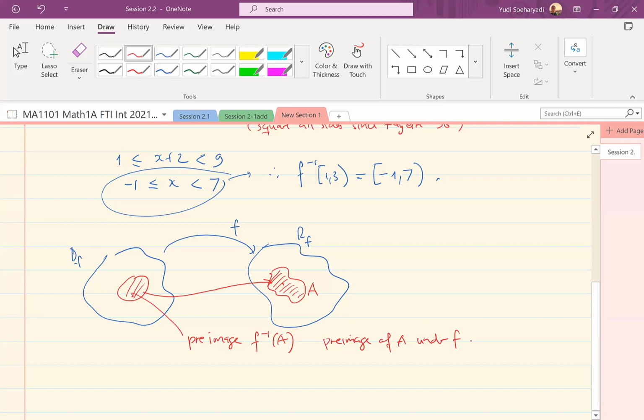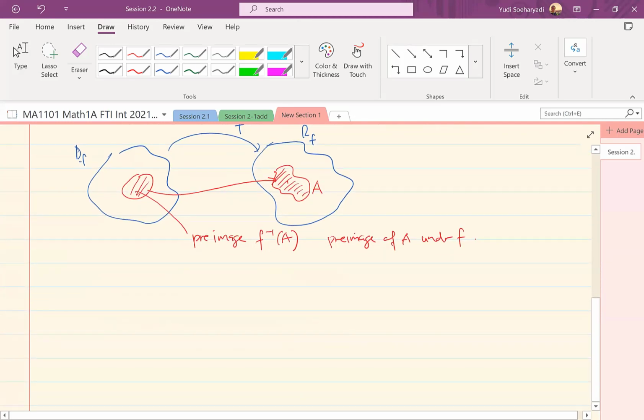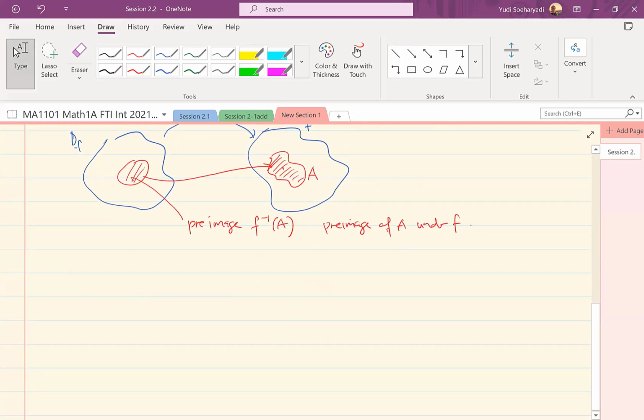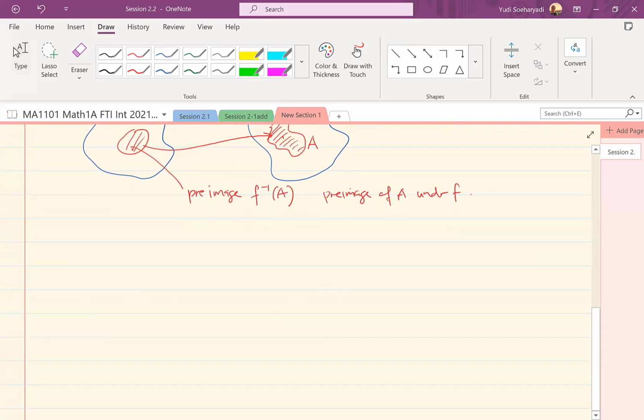All right. So let's speak more about the preimage. The thing with preimage is that it comes with compositions.